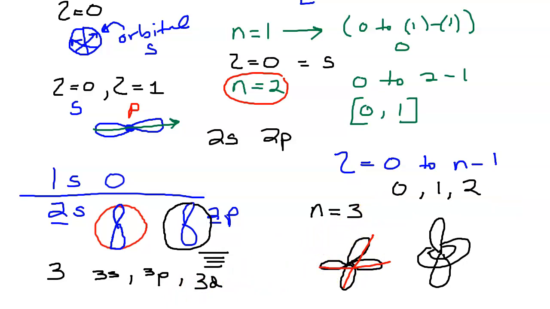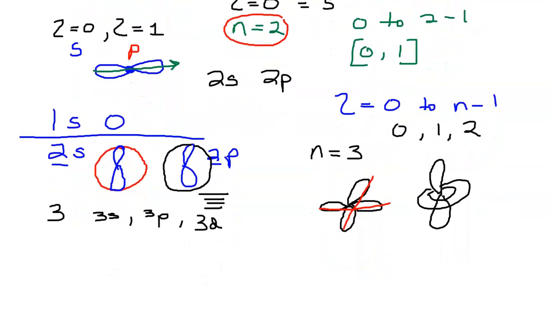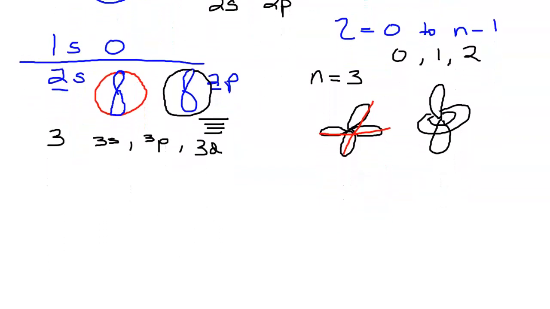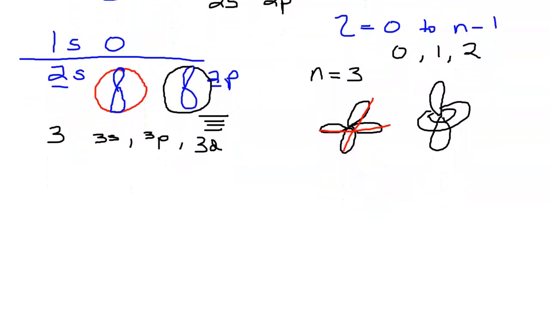Now, can you guess what happens when n equals 4? If you're following my drift here, when n equals 4, what are the possible numbers? Well, of course, you're going to have 0 to n minus 1. You're going to have 0, 1, 2, and now 3. It's all the numbers 0 through n minus 1. So if you're in the fourth energy level, the fourth row of the periodic table, n equals 4.